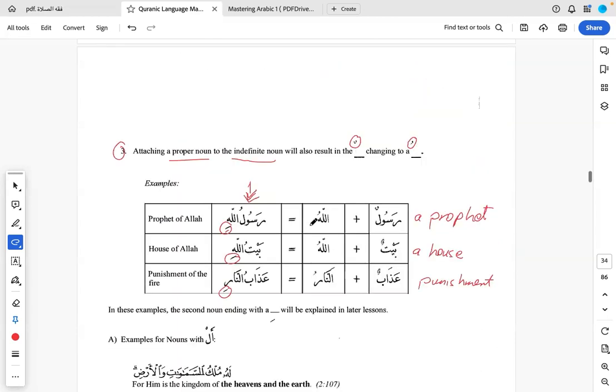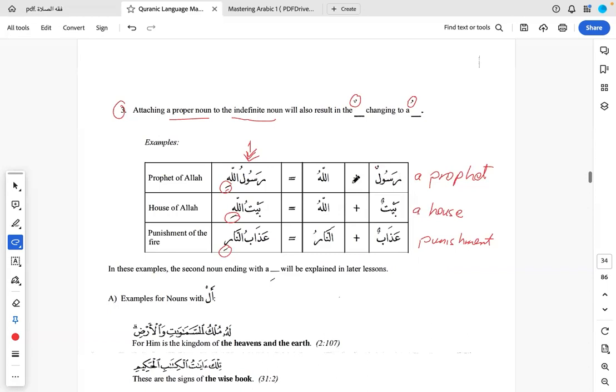Similarly, I'm not talking about any Rasul, I'm talking about Rasulullah, the Prophet of Allah. I'm not talking about any house, but the house of Allah. I'm not talking about any punishment, it's the punishment of fire.